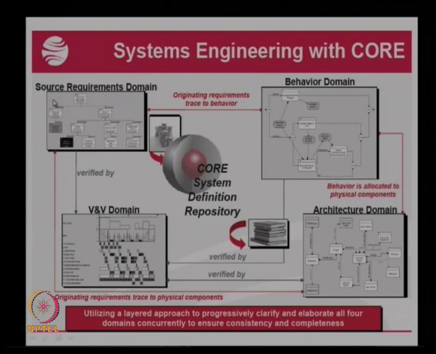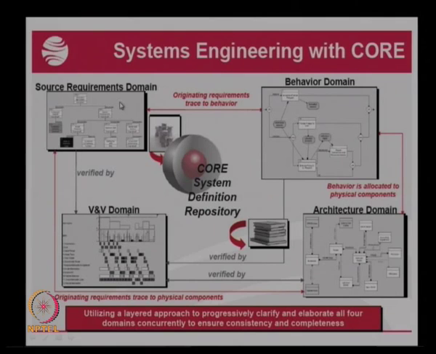So you can look at the requirements and how these requirements are met using the physical components. Similarly you can have traceability between the requirements and the behavior, the behavior and the architecture, and the architecture and the verification and validation requirements.